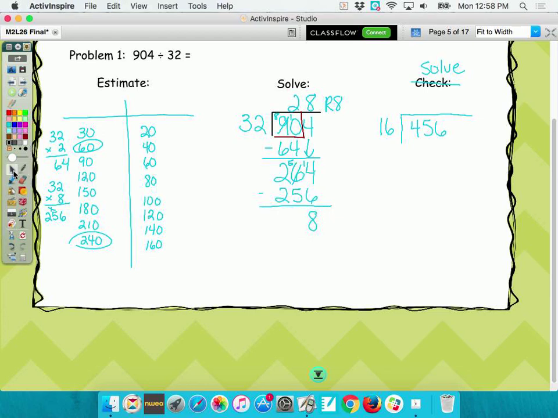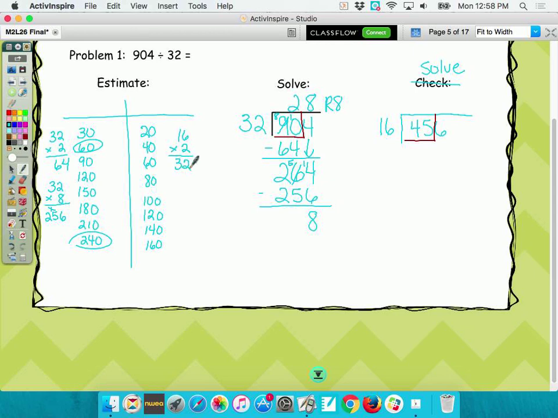Okay, so where would you chunk this number here? 45. Okay, so how many 16s do you think will fit into 45? 2. So 16 times 2, I'm going to write here. I already know the answer, but I'm going to write it anyway.